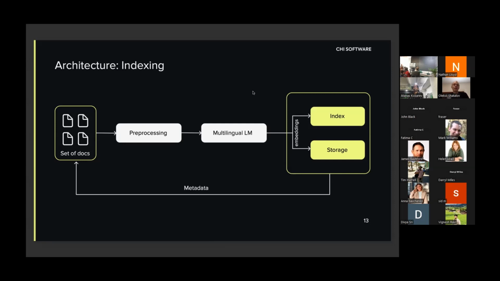And only then we should apply the multilingual models to encode our documents.